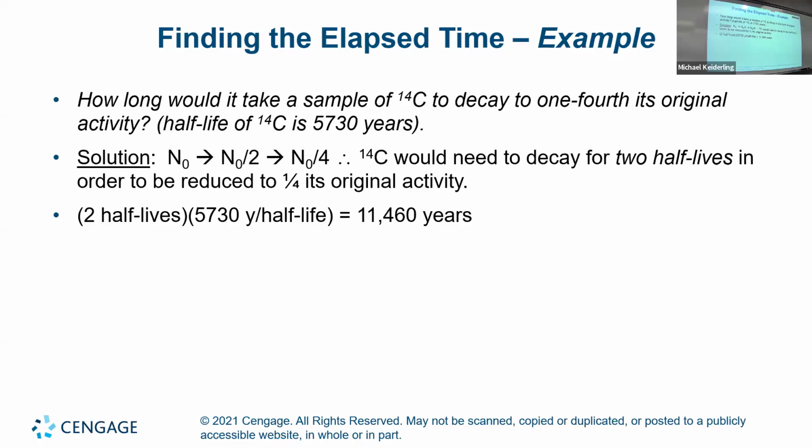And so as you breathe or interact with the atmosphere, the amount of carbon-14 in your body is constantly replenished, but that process stops as soon as you die. So once you die, that carbon-14 will just steadily decay, and you can use that to figure out how old things are.